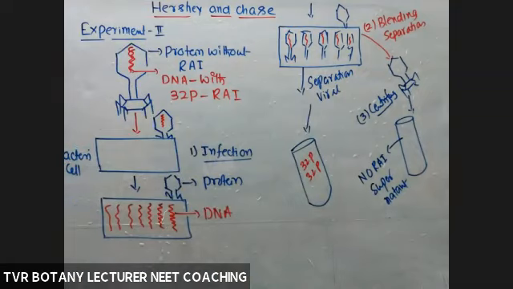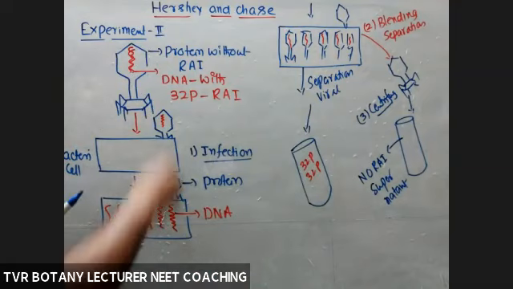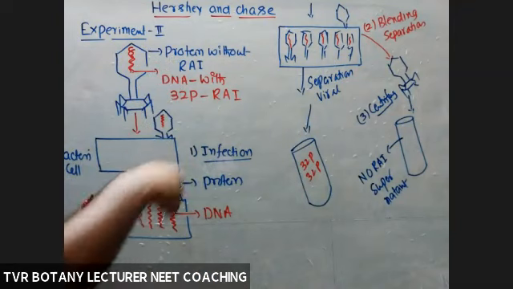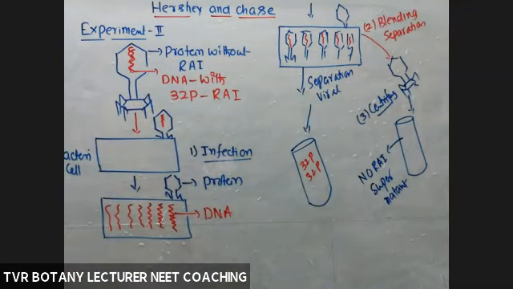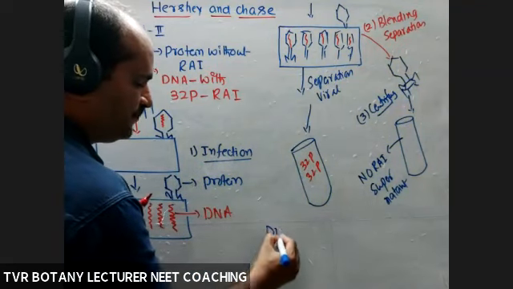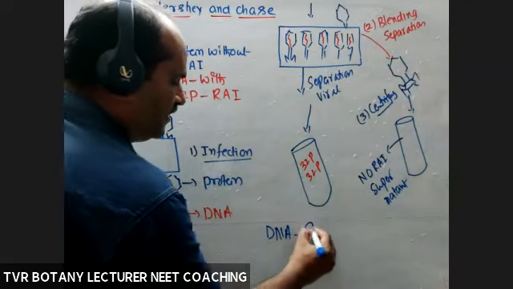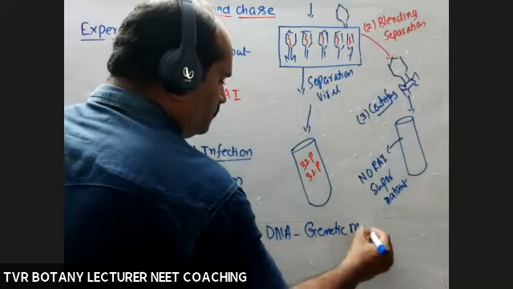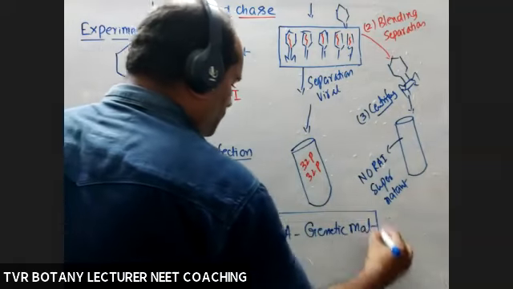Okay, so according to this experiment, the confirmation was, out of a protein and DNA, which one was injected into bacterial cell? DNA. So finally, they confirmed that DNA is the genetic material. Final judgment.